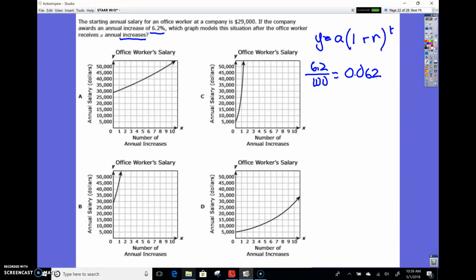Okay, so I have 29,001 plus 0.062 to the x power. Or we can say t power. Okay, or x. So you're going to put this in the calculator, f of x equals, go to your table, and if you did it right, you should see a graph that looks like this.